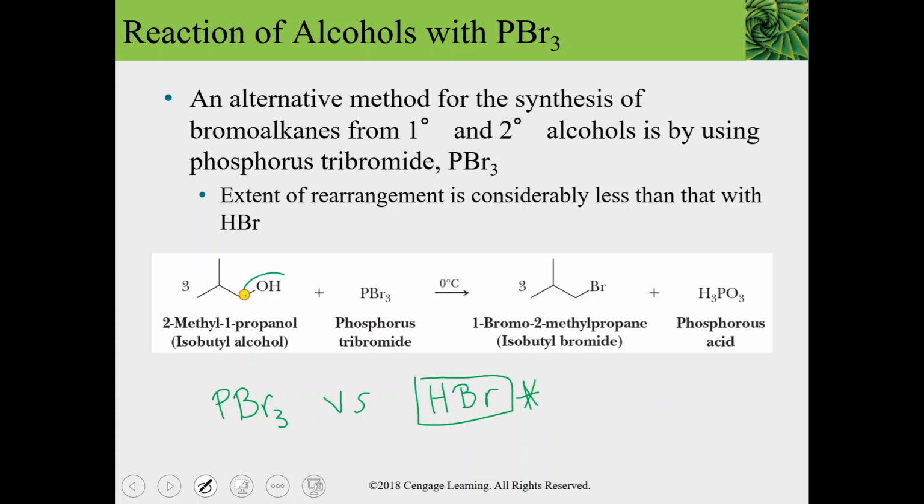It'll replace this hydroxide to form the bromide ion there, to form that new bond, and we'll get phosphoric acid as a product also. Now, where is that phosphoric acid coming from? Well, as soon as this phosphorus is gone, we wind up with Br minus in solution, and there's water in solution, so it's going to grab hydrogens from the water and from the hydroxyl group.